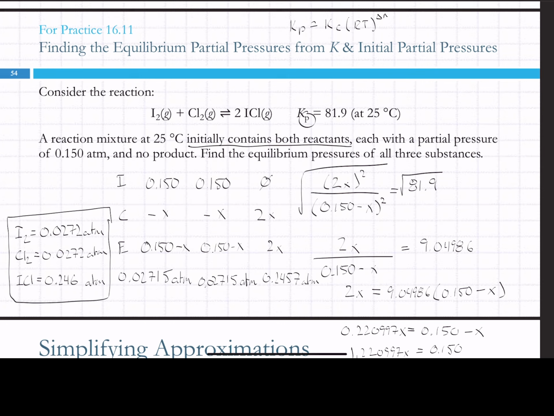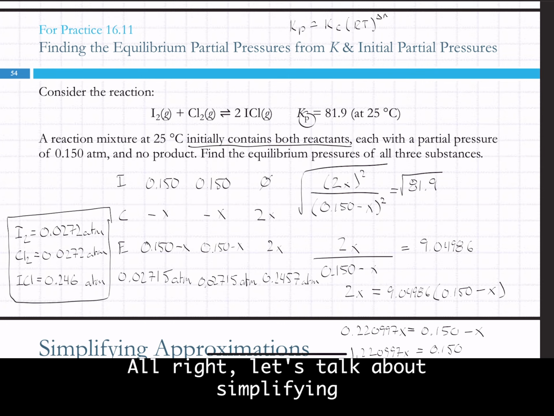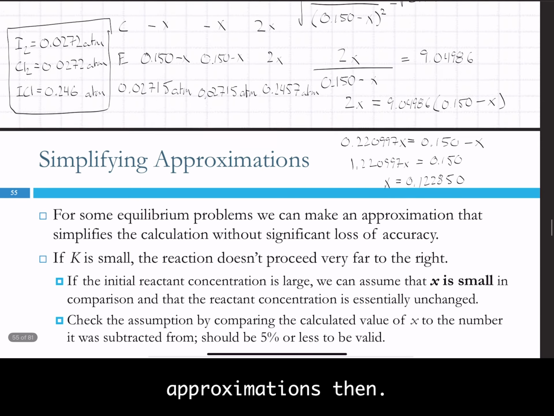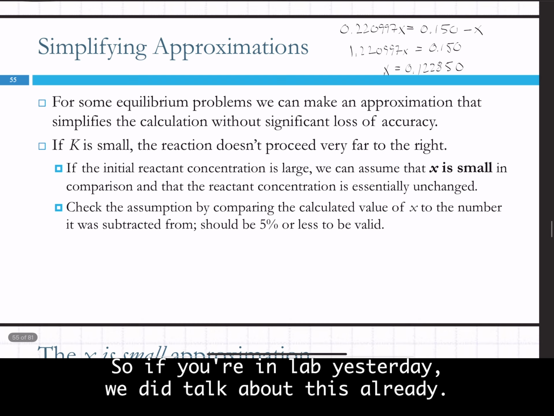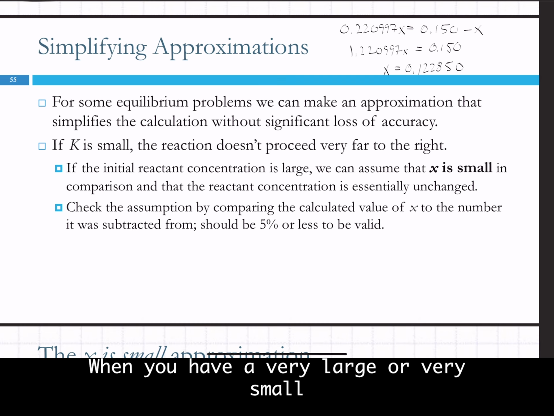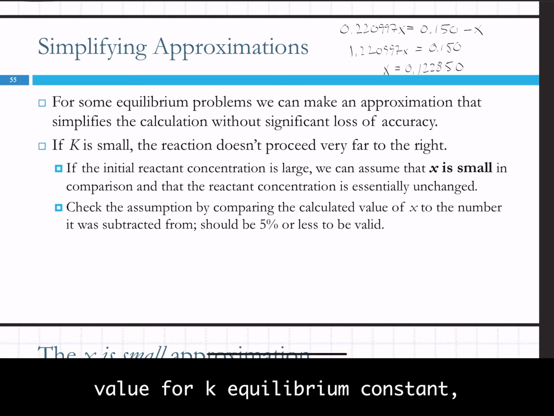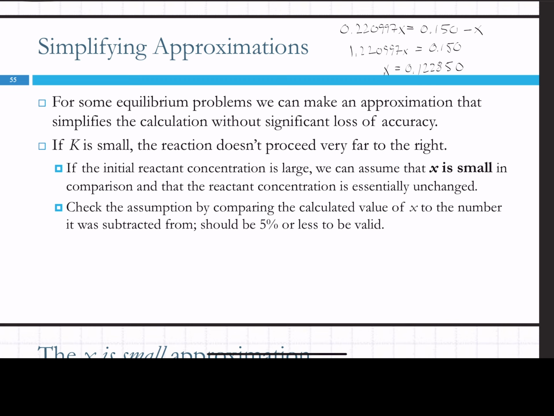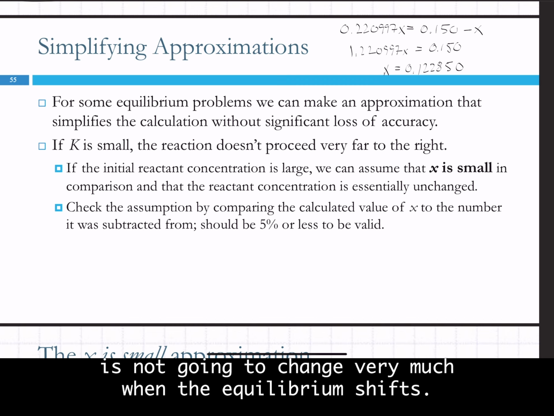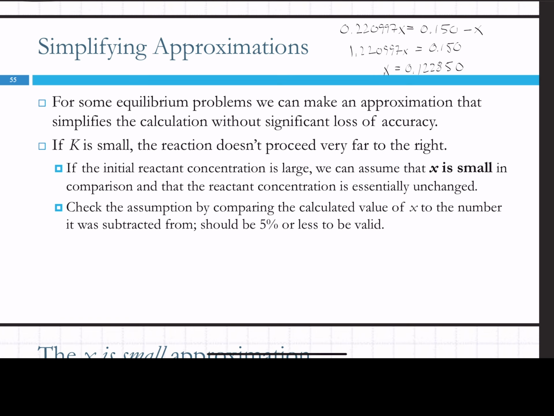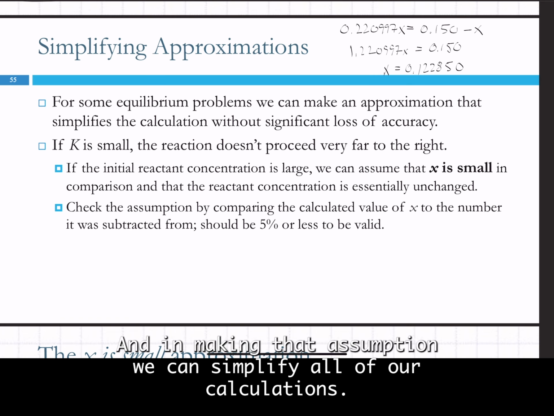All right, let's talk about simplifying approximations then. If you were in lab yesterday, we did talk about this already. When you have a very large or very small value for K, the equilibrium constant, we can assume that the side the equilibrium favors is not going to change very much when the equilibrium shifts, and in making that assumption, we can simplify all of our calculations.